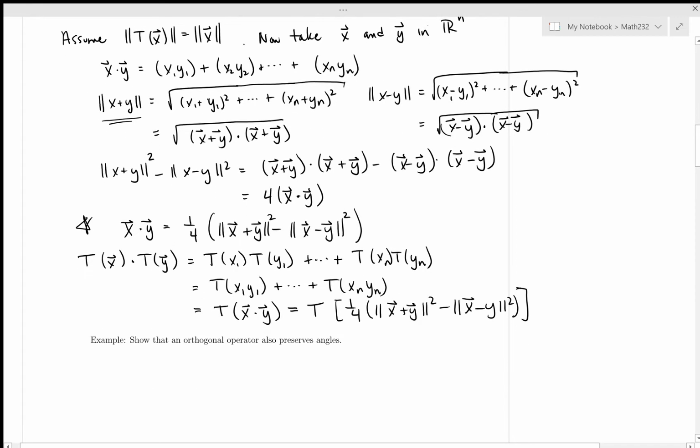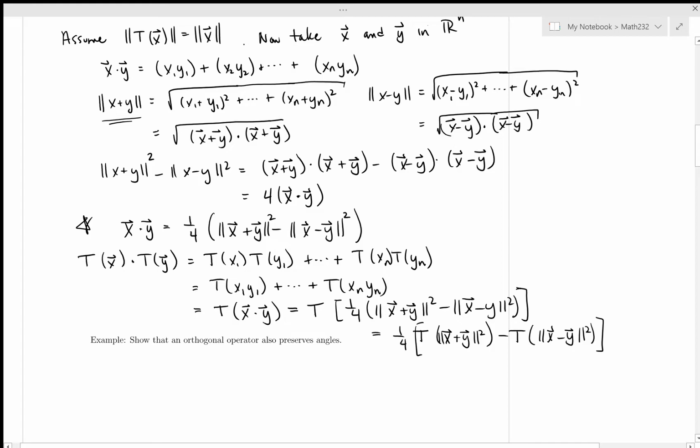Okay. All right, now let's look at what we've got happening here. We have a linear transform. So now I can write this using the linearity properties as 1/4 of the transform of the norm of x plus y squared minus the transform, and there'll be a bracket here, of the norm of x minus y squared, like that.